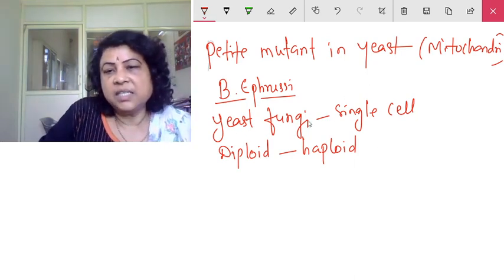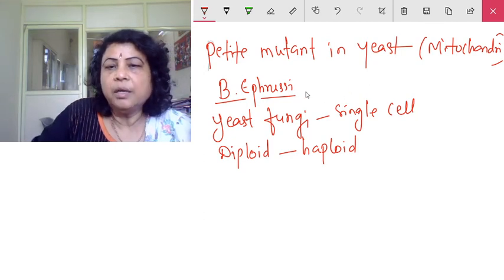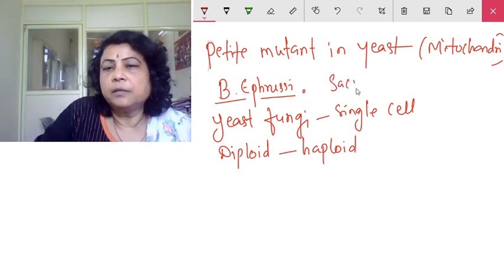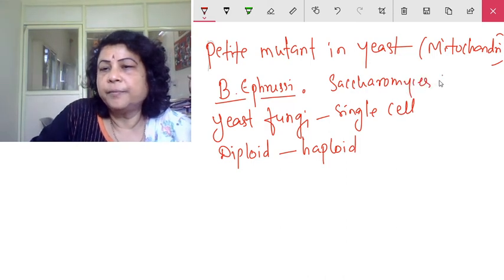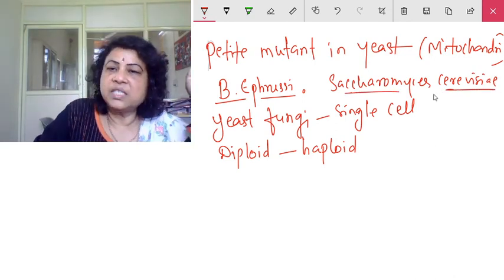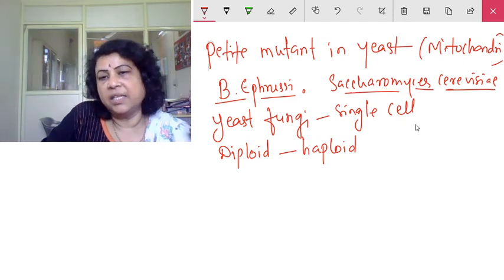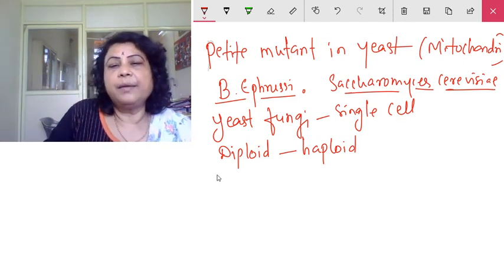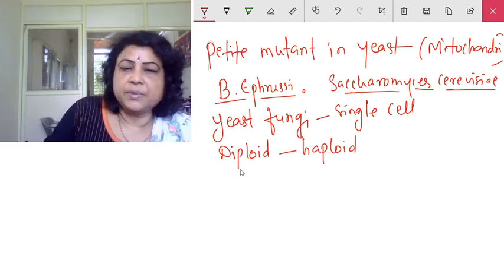This yeast is also known as Saccharomyces cerevisiae, a single cell fungus having a diploid and haploid type of alternating life cycle.